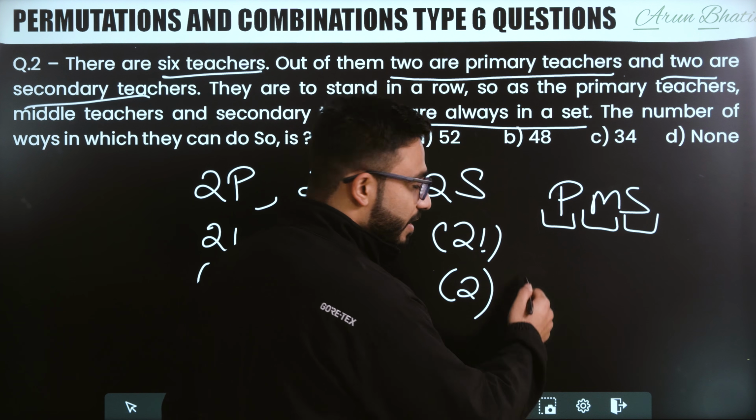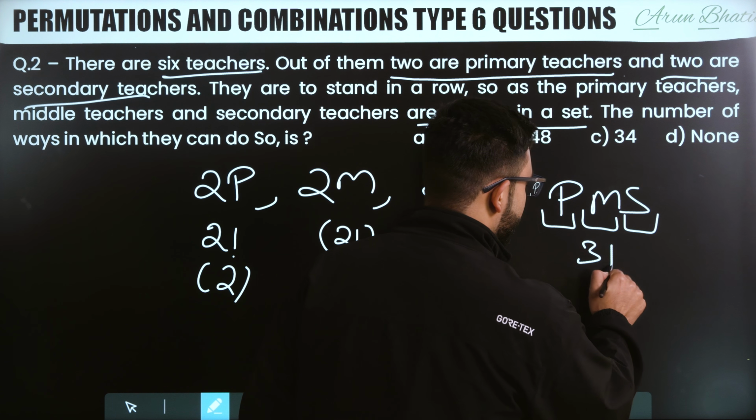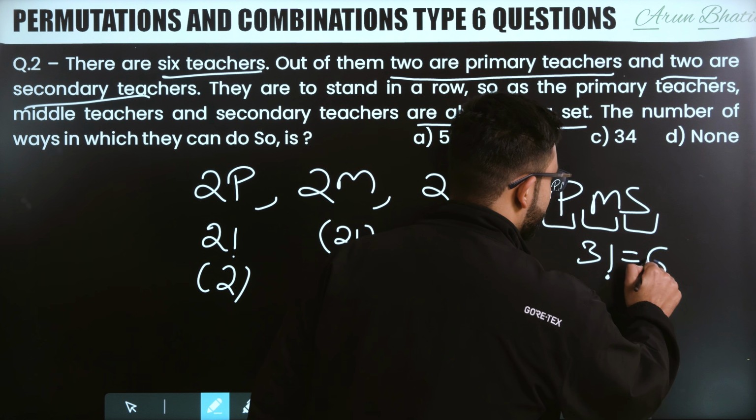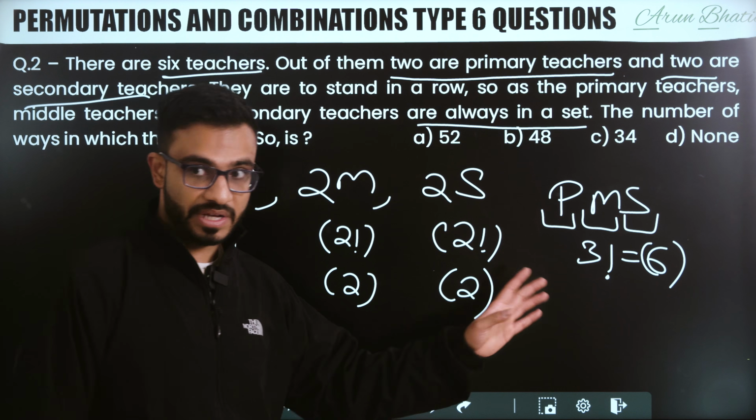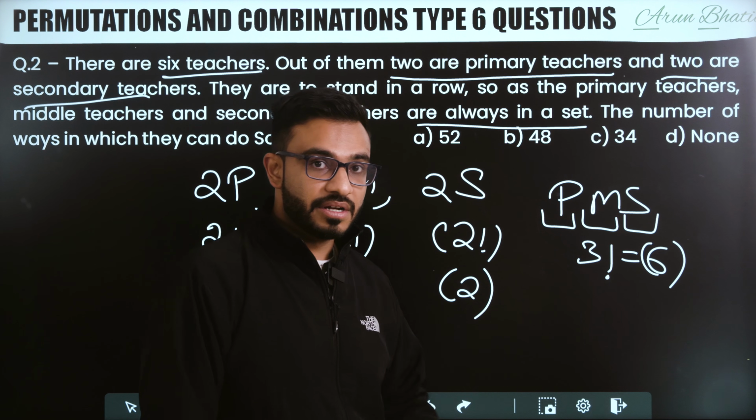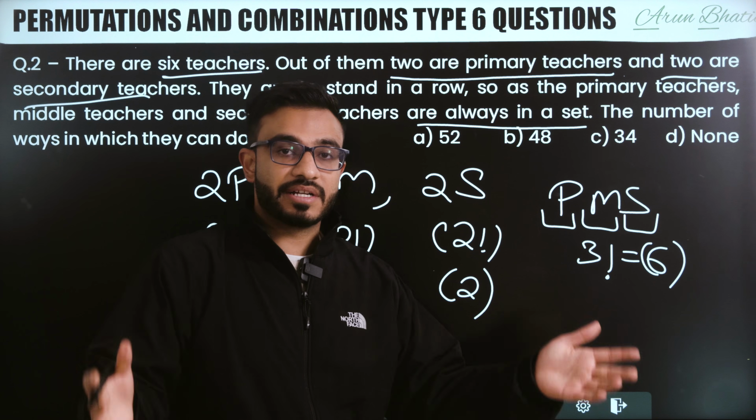So this division into 3 blocks gives 3 factorial or 6 ways that these teachers as a set can be arranged.